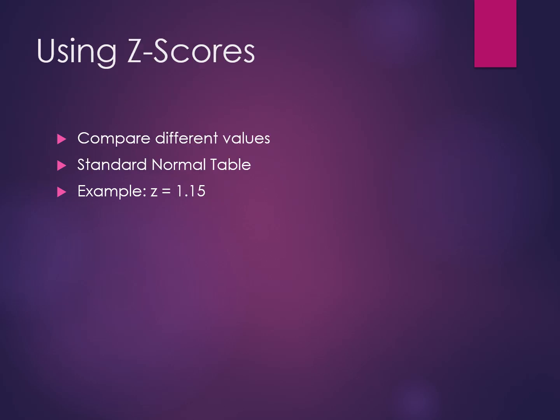Using z-scores shows us how far a value is from the mean. If the z-score is positive, the value is above the average. If it's negative, the value is below the average. For example, a z-score of 1 means the result is 1 standard deviation above the mean.